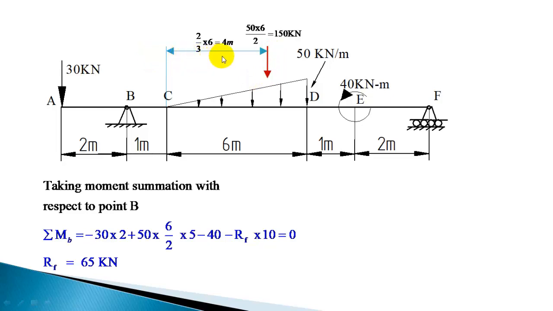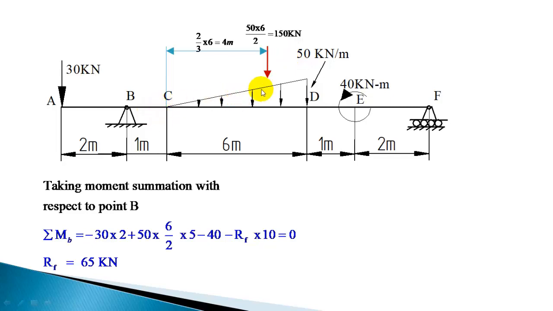When you replace it by a resultant load, you have to place it at a distance of 2/3 of span. Span is 6 meter, so 2/3 of 6 from the zero intensity side. 2/3 of 6 is 4 meter. From the higher intensity side, 1/3 of 6 is 2 meter.